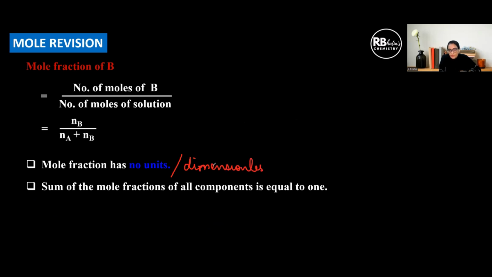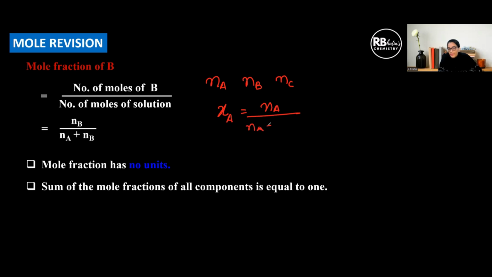The sum of mole fractions of all components is equal to 1 for every kind of solution, even if it's a ternary solution. Ternary solution means if you have Na, Nb, Nc as the number of moles of three components, it's a three-component solution. Chi A will be equal to Na upon Na plus Nb plus Nc.